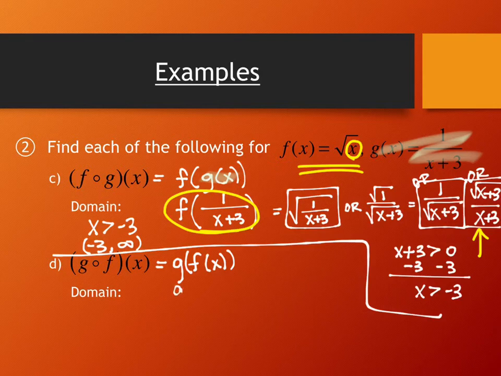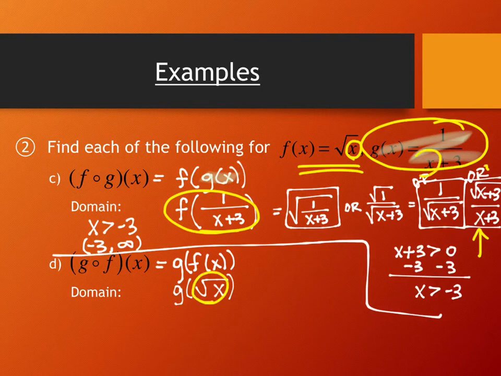So I do a replacement, square root of x. And then I take my g of x function, and where I have an x, I need to put a square root of x in. So I take this and put it into this function right here. So I have 1 over the square root of x plus 3.